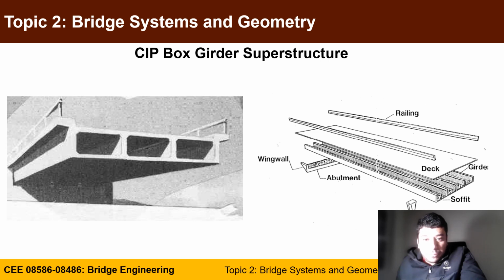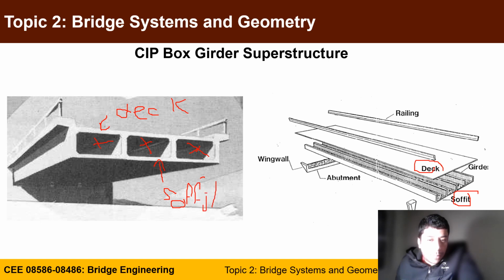We covered the cast-in-place box girder system, and we also mentioned the soffit, the bottom slab, the deck, and the girders. You can see here those openings called cells, the top slab called the deck, and the bottom slab called the soffit.